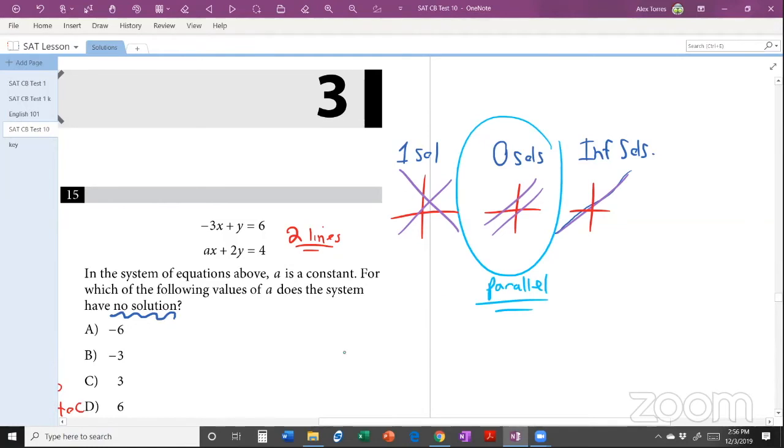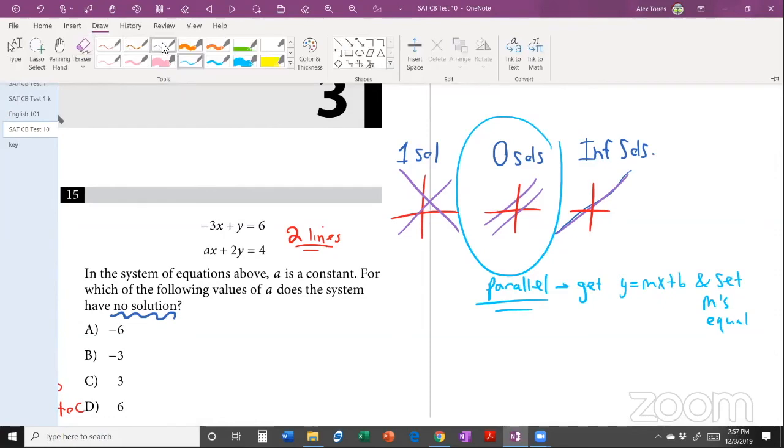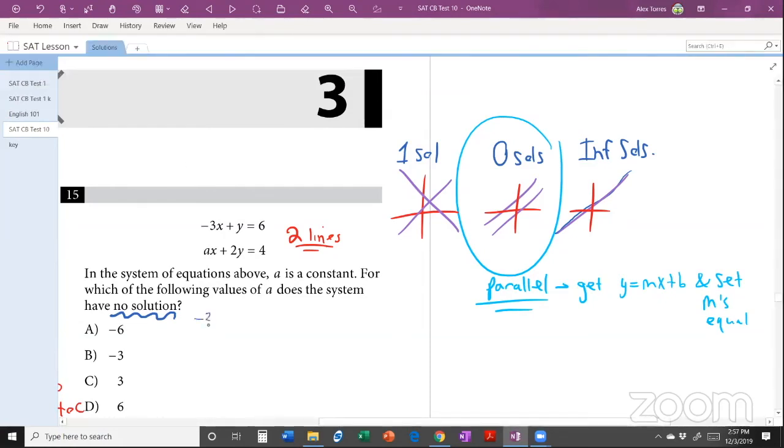So we have two parallel lines, and if we know they're parallel, we want to get them in y equals mx plus b format. So we're going to solve for y, and we're going to set the slopes equal to one another. Let's go ahead and do that for the first equation. We'll have negative 3x plus y equals 6.